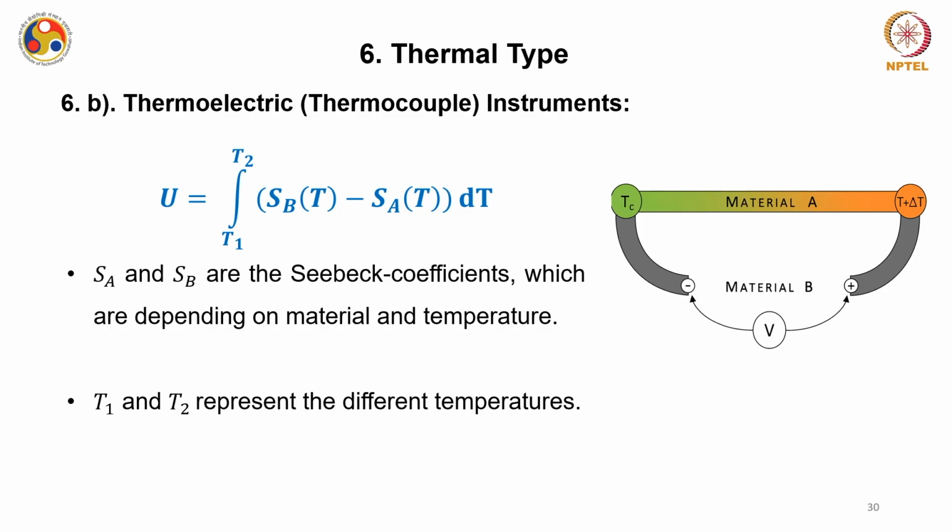The potential is given as the integration from T1 to T2, where T1 and T2 represent the temperatures, of the difference between the Seebeck coefficients of the two materials, integrated with respect to dT from T1 to T2. So this will give you the EMF value.